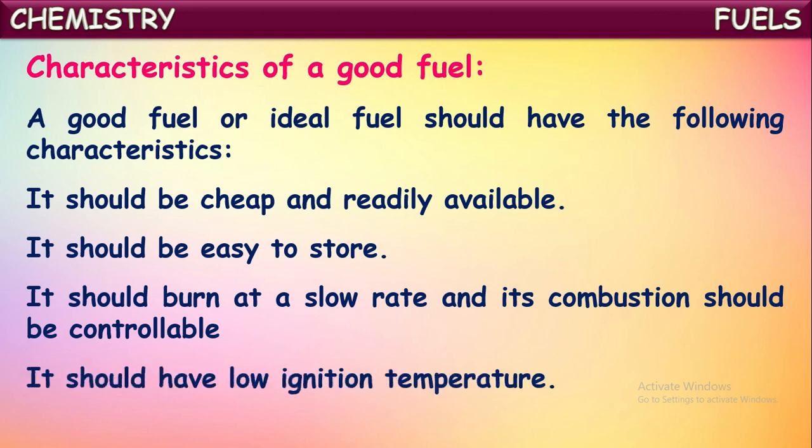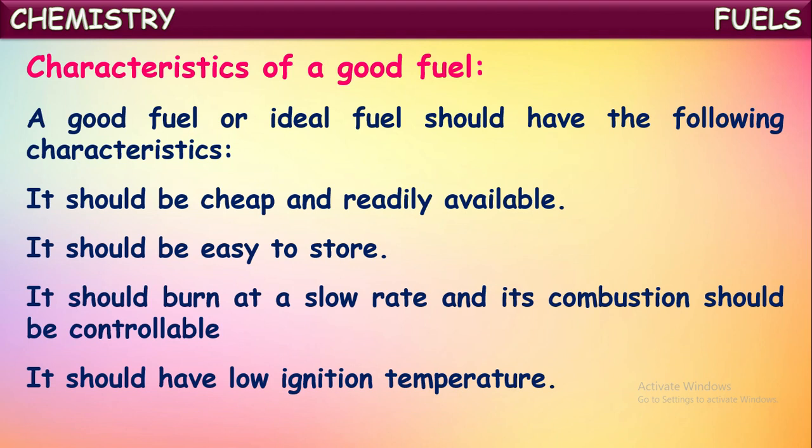It should have low ignition temperature. What is meant by ignition temperature? We told, the minimum temperature at which a substance catches fire is called its ignition temperature. So if it has a low ignition temperature, by heating to low temperatures only, it starts burning and produces heat energy.